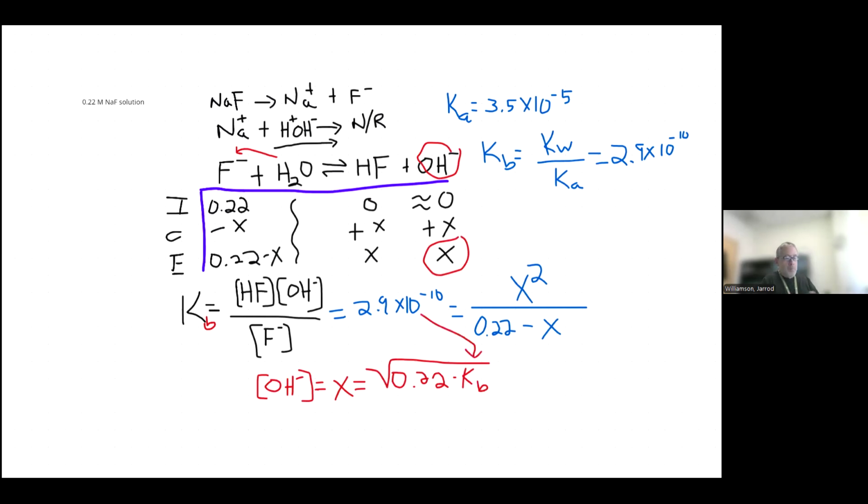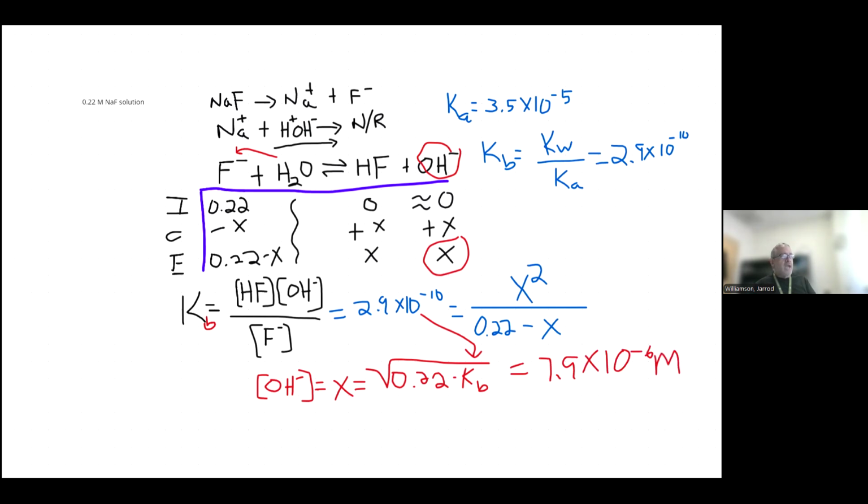So I'm going to take 2.9 times 10 to the minus 10 times 0.22. Take the square root of that, and I'm going to get something like 7.9 times 10 to the, I think, minus 6 molarity.